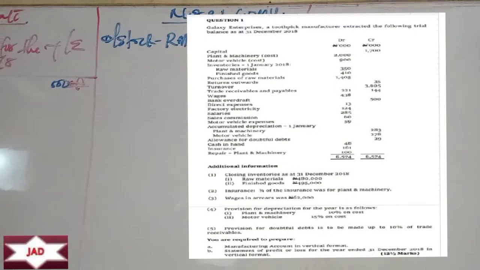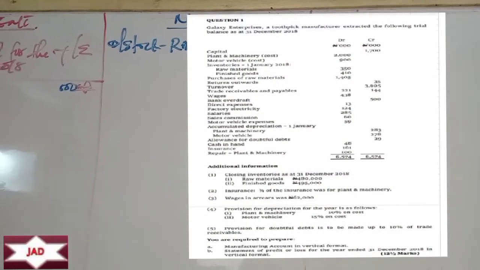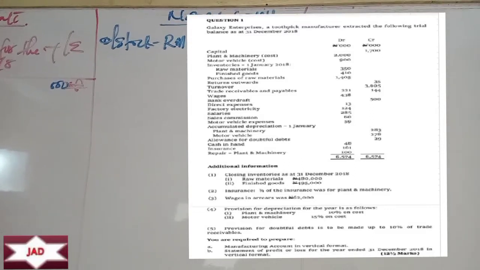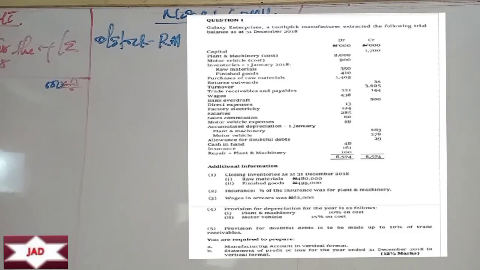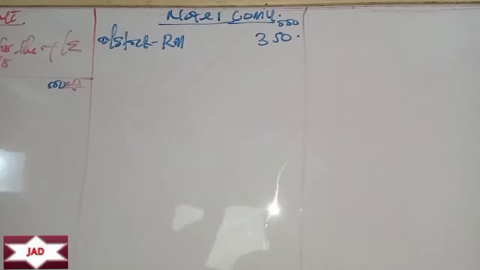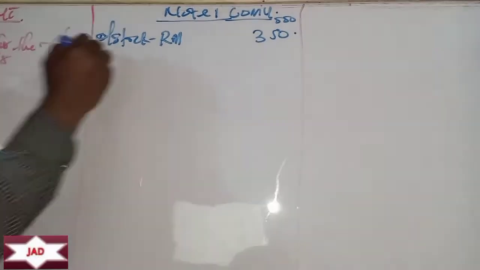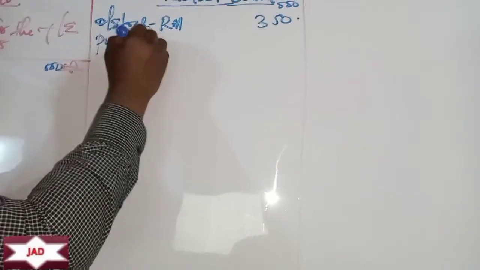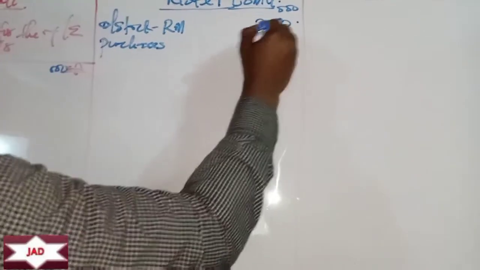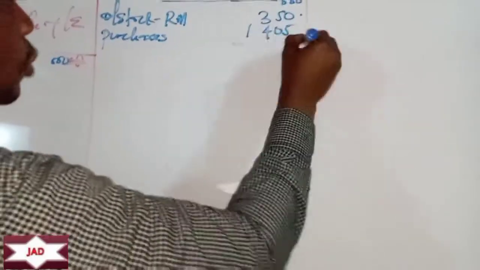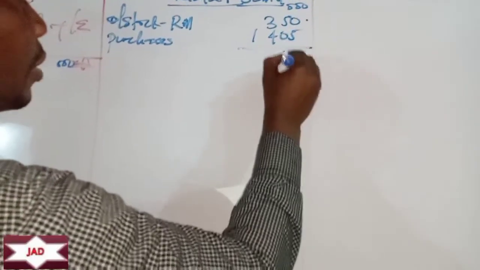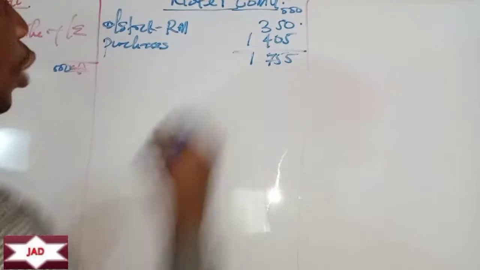Okay, so what's the next thing? We purchased. So purchases, in the question I can see purchase of raw materials, 1405. So we have purchases 1405. If you add, what do you have? 5571.